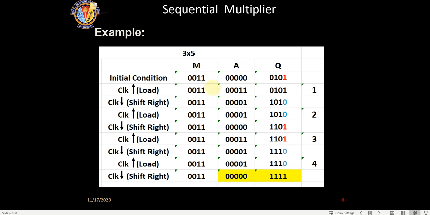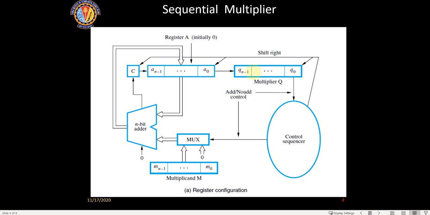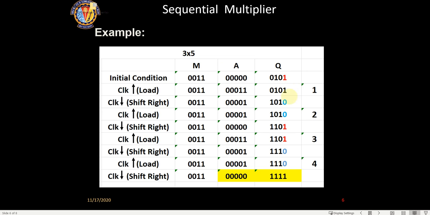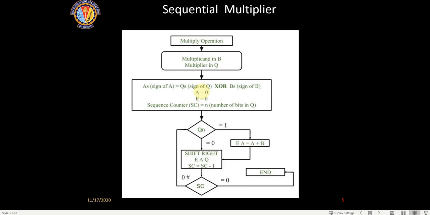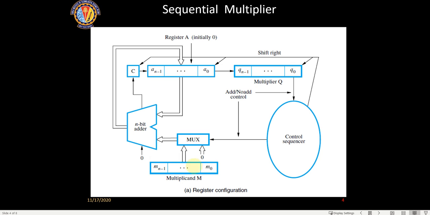Now if I go back here, during the positive edge of the clock, whatever data was available at M has got loaded onto A. Whereas in Q there is nothing happening, there is no loading here, only the loading is happening in A. So Q remains like that. M also is a fixed register.